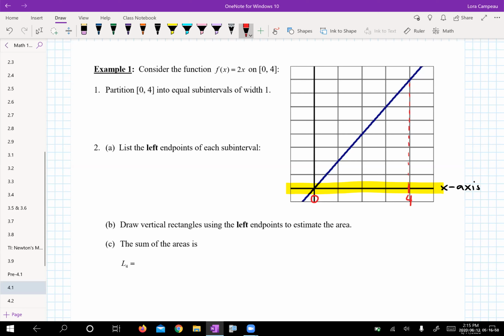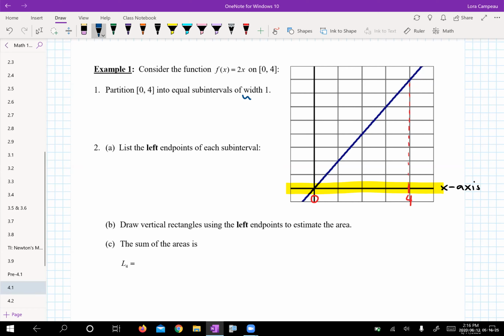So we're going to go with something concrete, and then work toward something a little more abstract in a few examples from now. The first idea is breaking up the distance from 0 to 4 into equal subintervals. They are specifying that they want subintervals of width 1.